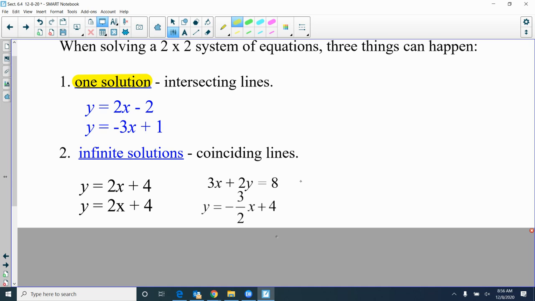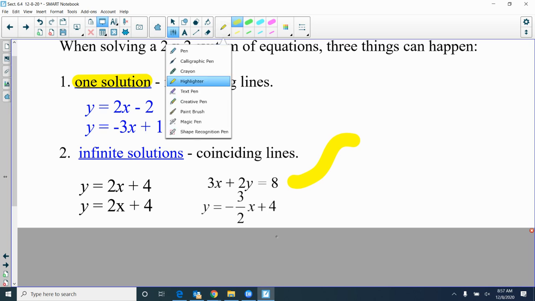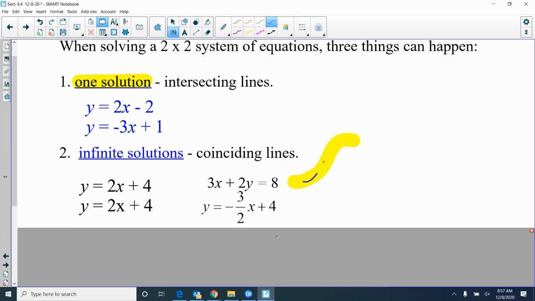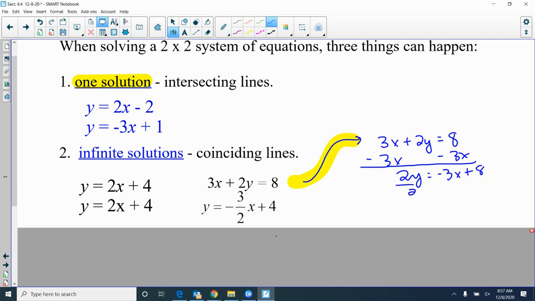But if I take this top one and solve for y, I would subtract 3x and get 2y equals negative 3x plus 8. Then I divide everything by 2, and I get y equals negative 3 halves x plus 4. So they're exactly the same in the end.